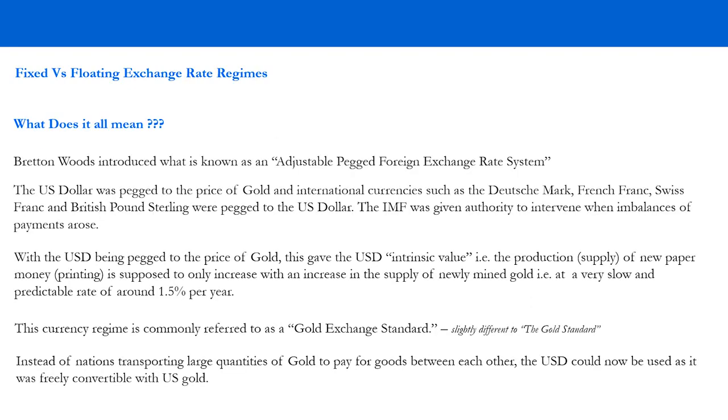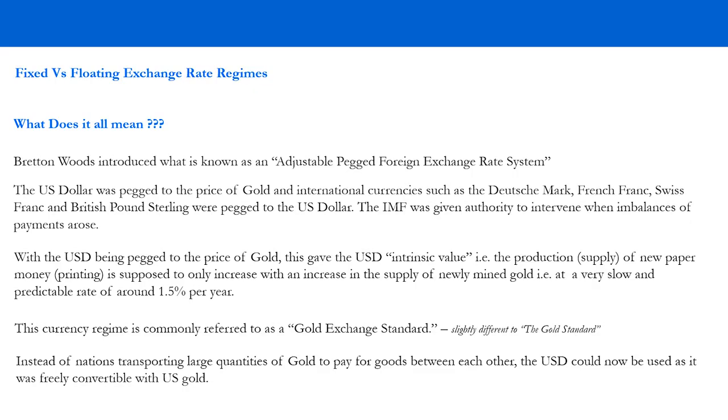So what does it all mean? Well, Bretton Woods basically introduced what is known overall in economics as an adjustable pegged foreign exchange rate system. So what happened was the US dollar was pegged to the price of gold, and then in turn, international currencies, like the Deutschmark, the French franc, the Swiss franc, and the British pound, were then in turn pegged to the US dollar.